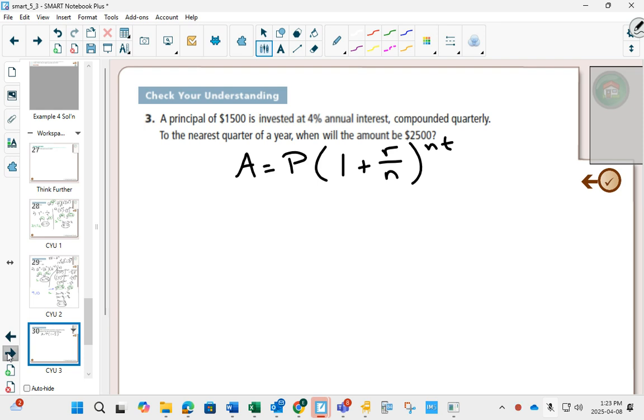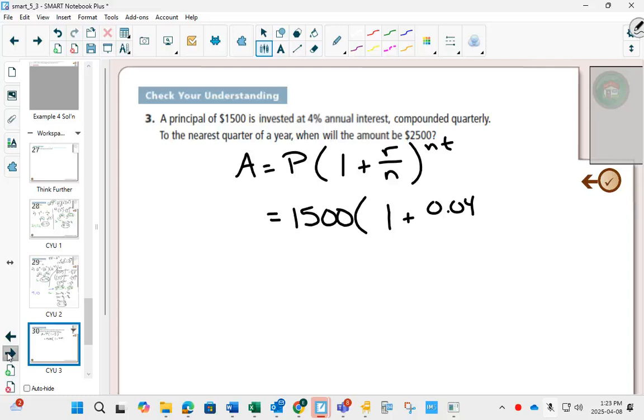So a principal of 1,500, so the 1,500 goes in for the initial amount, invested at 4%, and even on the exam they will tell you that R is the interest rate as a decimal. So the formula would tell you that it's as a decimal, so you would know to change the 4% to 0.04.